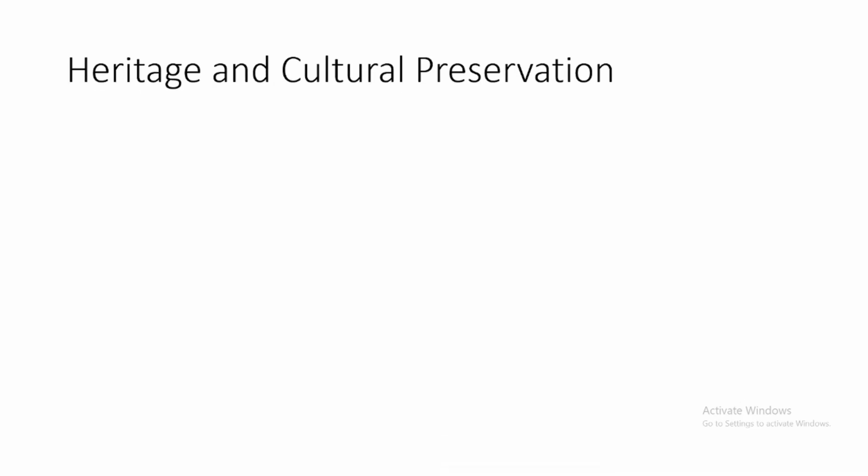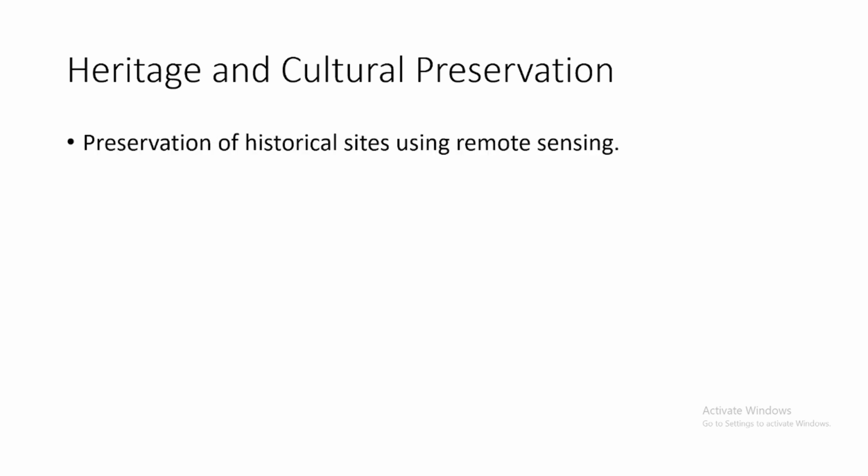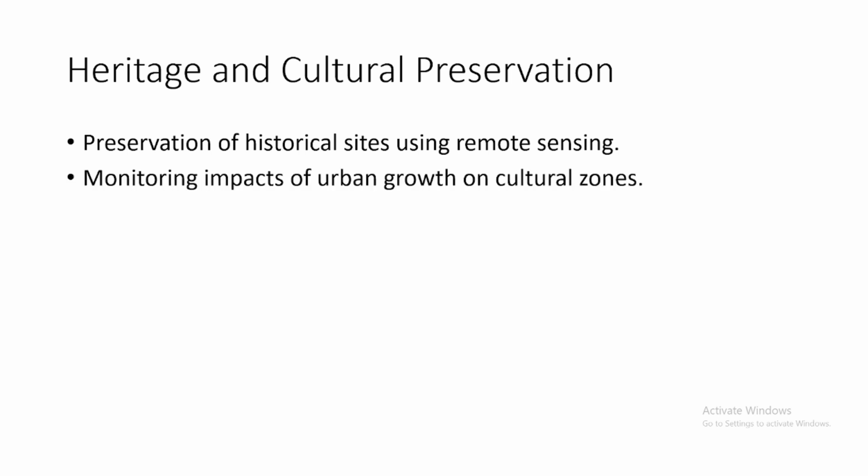as well as heritage and cultural preservation. It is also important. Basically, preservation of historical sites using remote sensing. Any historical site we can easily detect with remote sensing, and further we try to do historical data analysis for it. Then we monitor the impact of urban growth on cultural zones. Suppose the urban area is growing, what is the effect on the cultural zone?